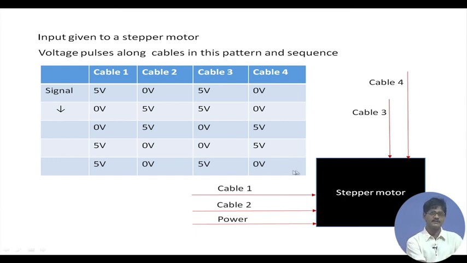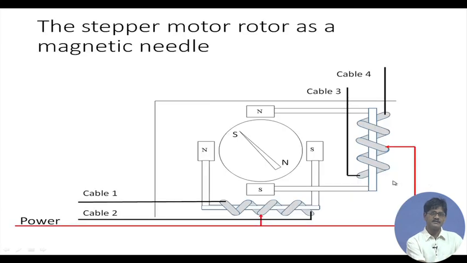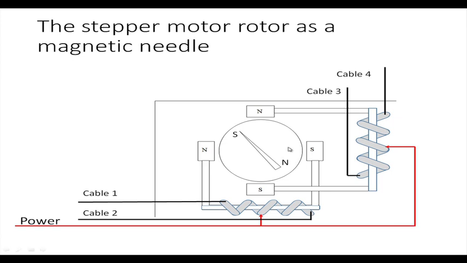So, what is there inside this black box? Let us have a quick look. This is a simplified representation of what is going on inside the stepper motor. The rotor of the stepper motor is represented by this magnetic needle. South and north poles are shown here on the figure. The cables 1, 2, 3 and 4 which we had seen in the previous slide are shown here once again, and they are connected to two coils.